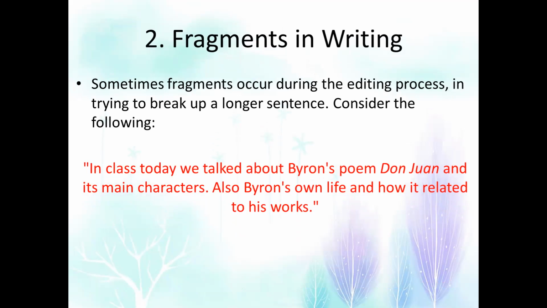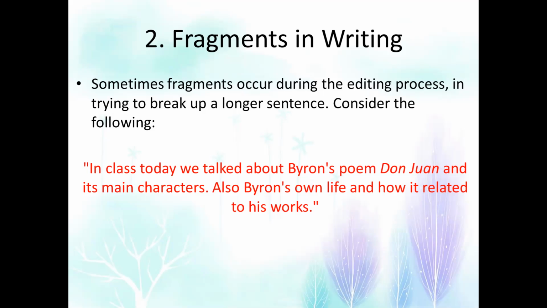Also Byron's own life and how it's related to his works. Can you see how the fragment is demonstrated in writing, right? I think it is the sentence: also Byron's own life and how it's related to his work, right?